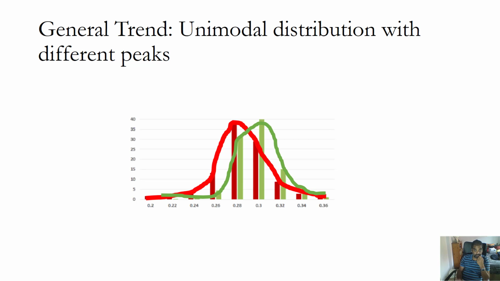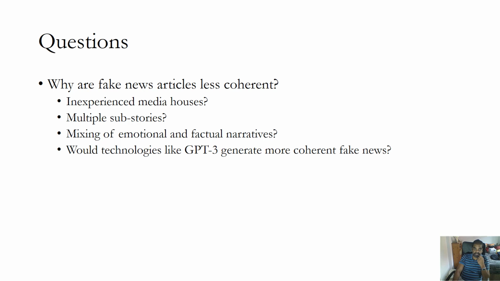Both of them have a unimodal distribution. However, the fake news coherence scores peak at a lower value of coherence. So essentially we have established that fake news articles are less coherent, and you can look at the more detailed analysis.